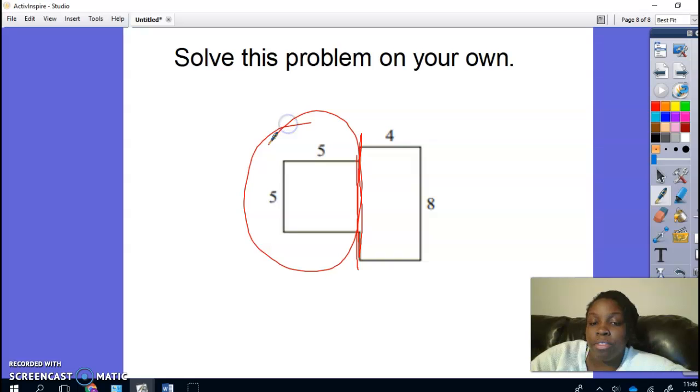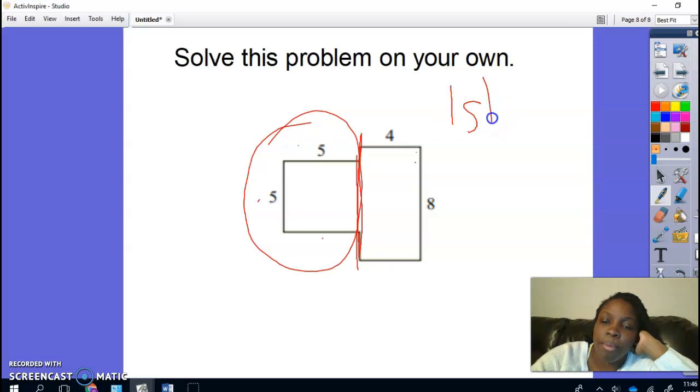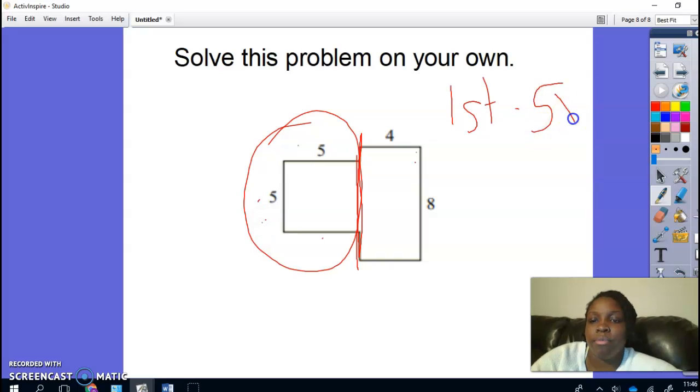So we're going to start with this image. You might have started with this rectangle. I'm going to start with this rectangle on the left. And obviously, it's a square also. Why? Because all sides are equal. A square is a rectangle. So we're going to find the area of this first one. My first rectangle is 5 times 5, which equals 25.